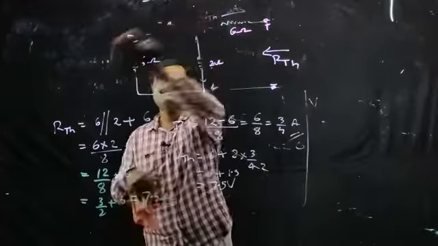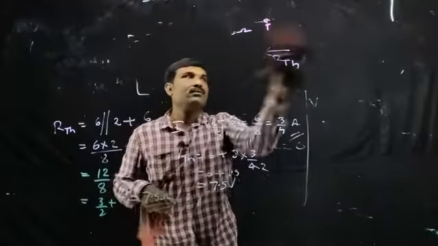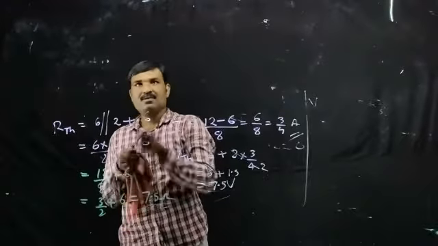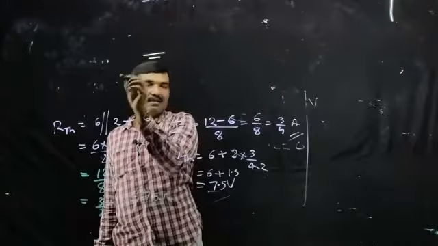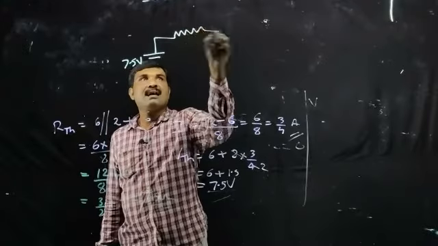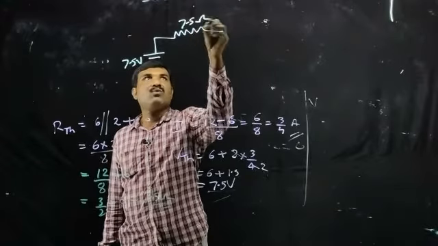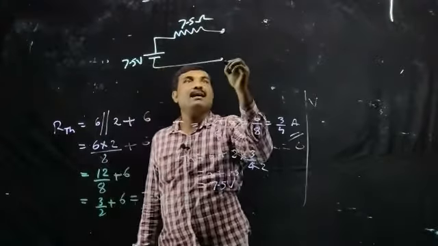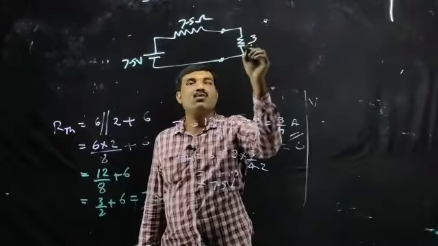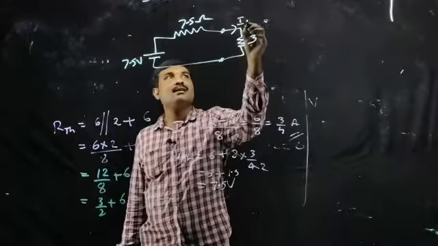Now draw the equivalent circuit. Right. So we can draw the equivalent circuit with 7.5 volt, that is VTH, and 7.5 ohm. And we have a resistance of 3 ohm. This is our load, so this is our load current IL.